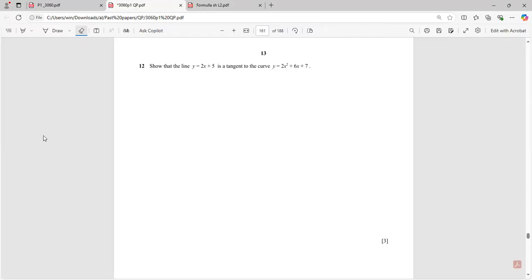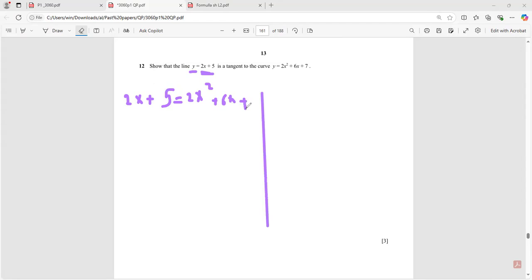Okay, here in question number 12, curve. Show that the line y equal to x plus 5 is a tangent of the curve y equal to x squared plus 6x plus 7. Here you have two ways to prove it. The first way, you have to equate the curve with the tangent, so x plus 5 equals x squared plus 6x plus 7.